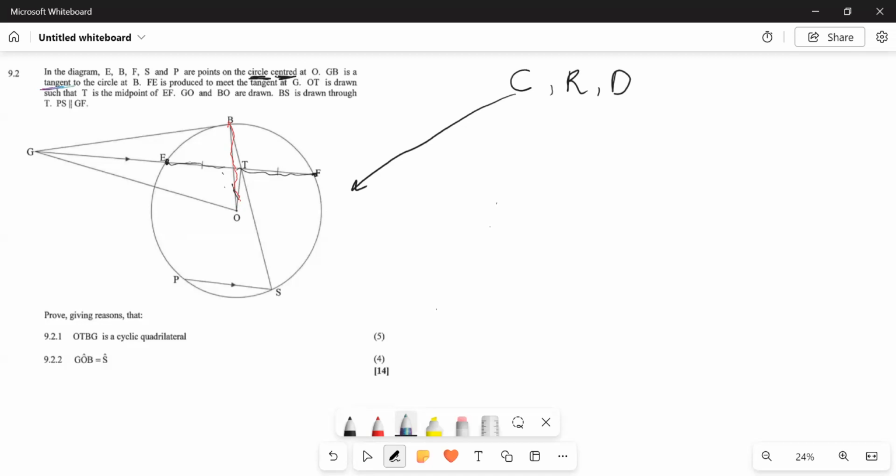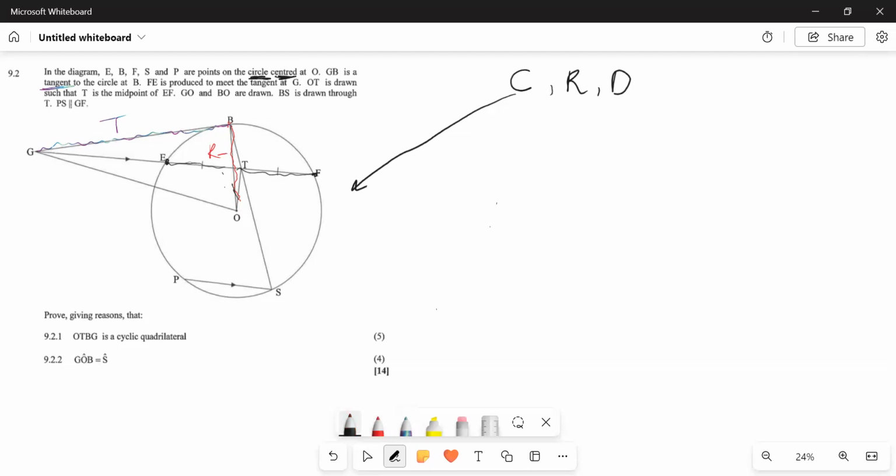They said GB is a tangent to the circle at B. So this is our tangent, and this is our radius, right?